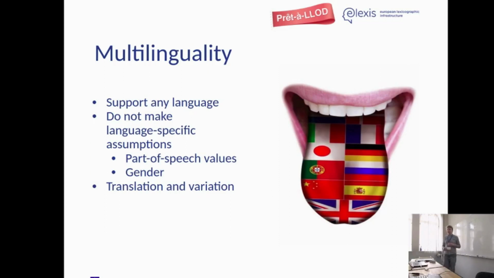So the multilinguality, obviously this is supporting any language, but it's also important that we didn't want to make any language-specific assumptions. So we're not going to say, oh, there's only these parts of speech because these are the parts of speech of English. We quickly find that other languages have interesting or very different ideas of part of speech to some kind of English and Latin grammar.